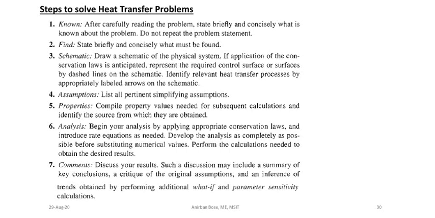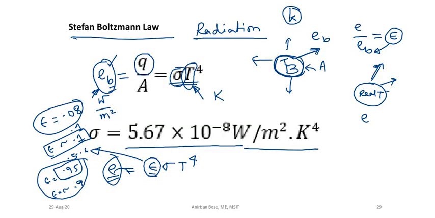Before going to the problem solving strategies, let me tell you something more regarding radiation. Let us consider this is a surface S, and because of its temperature, suppose this surface is at a temperature Ts.